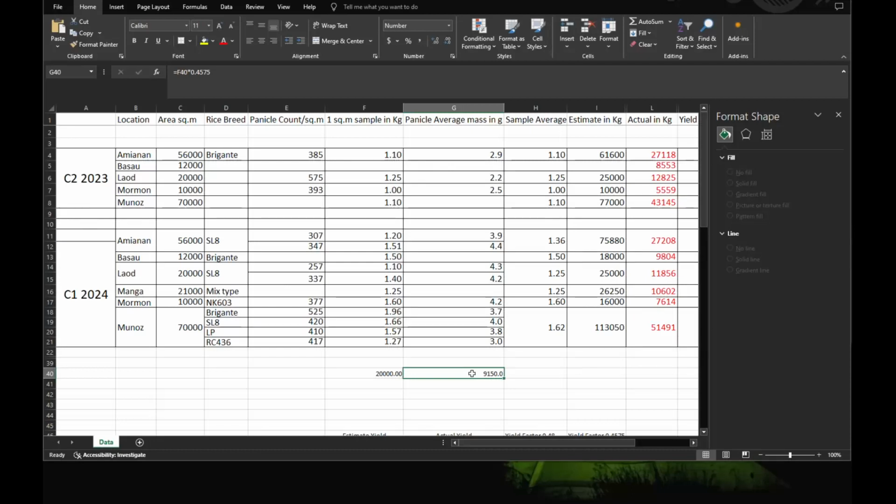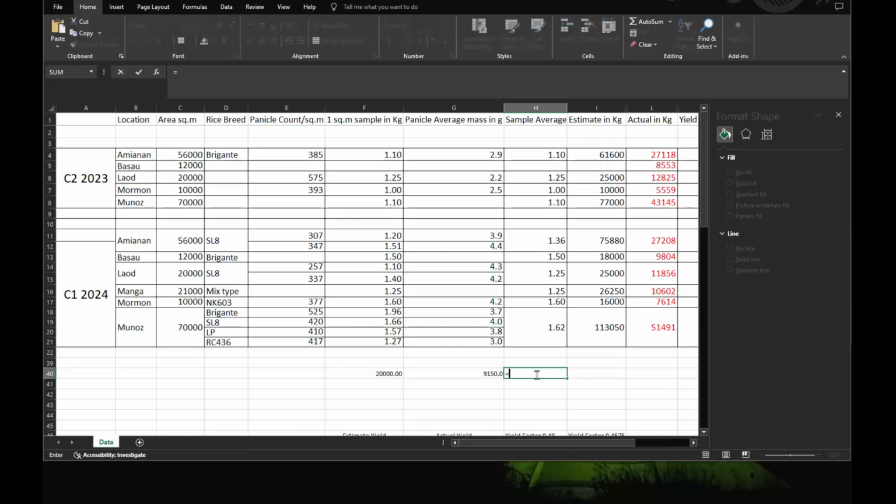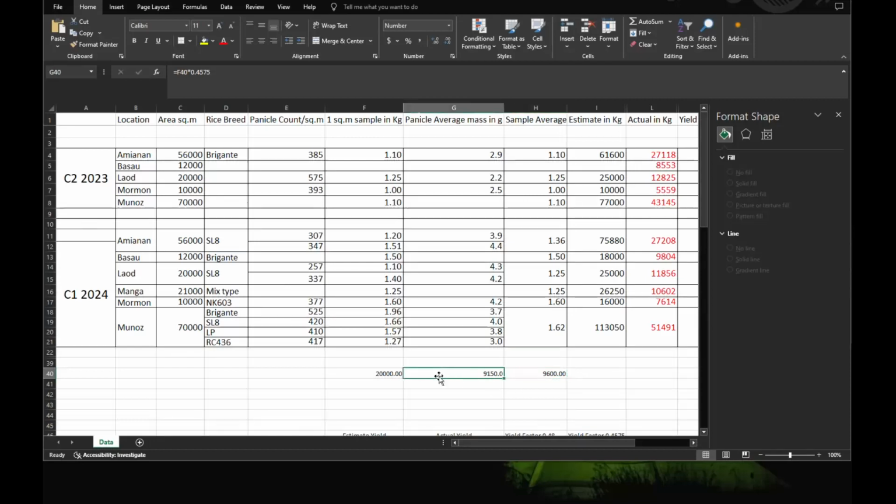And here, if I use 0.475, or if I use 0.48, there's an increase in kilograms by about 400, 450. So quite frankly, using 0.48 or 0.4575, it's a give and take.